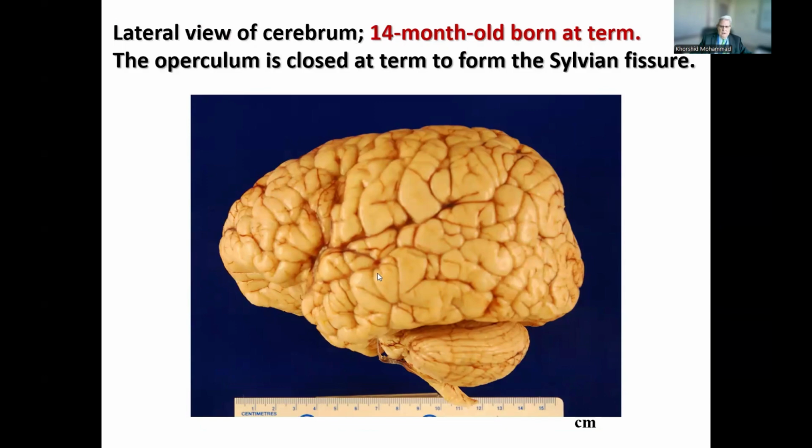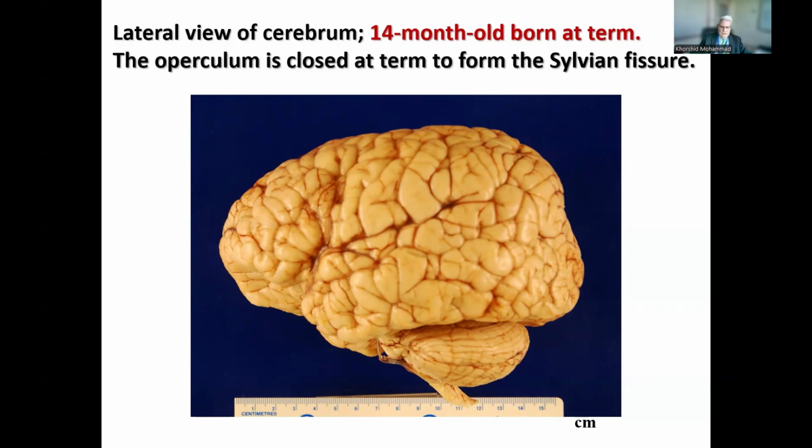And by term, the operculum is now closed. And you can see that when it is closed, it's then properly called a sylvian fissure. It isn't really a sylvian fissure until the operculum closes.